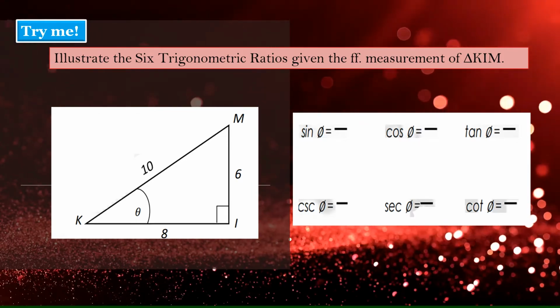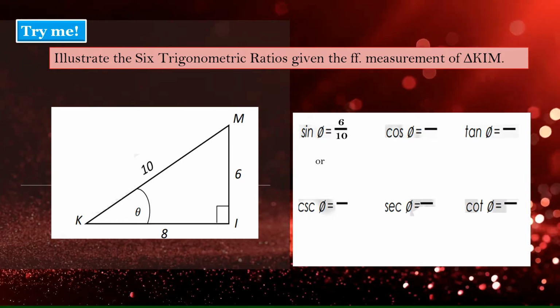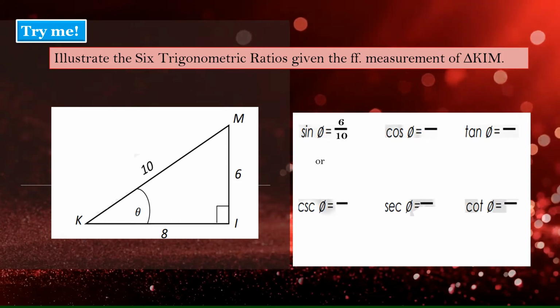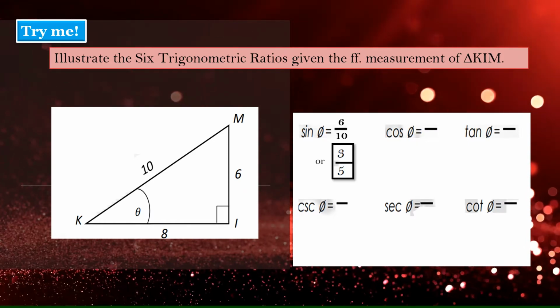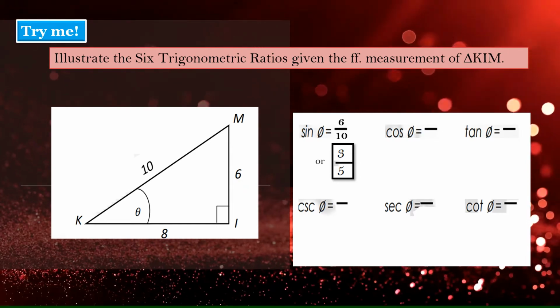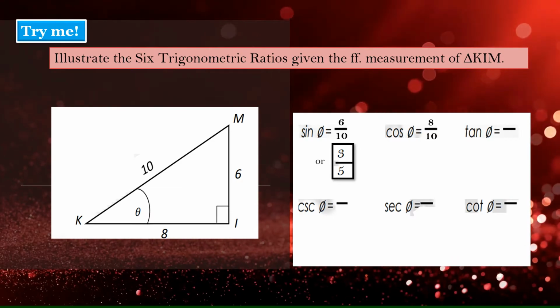So we have sine theta is equal to 6 over 10, or reduced to its simplest form, 3 over 5. So the final answer for sine theta is 3 over 5.